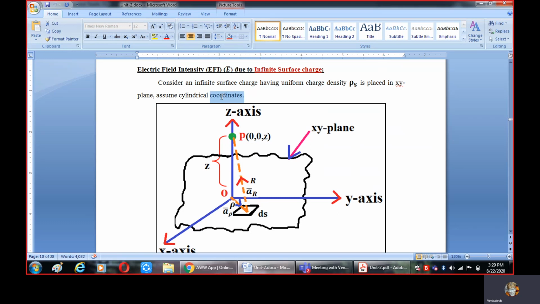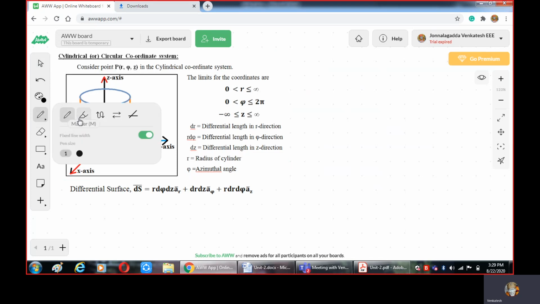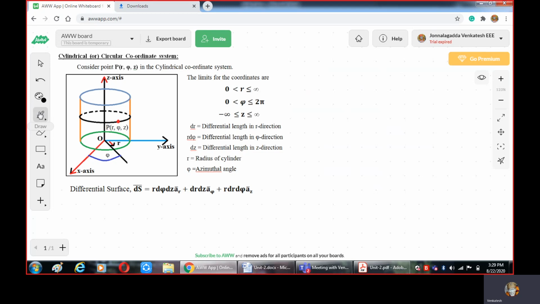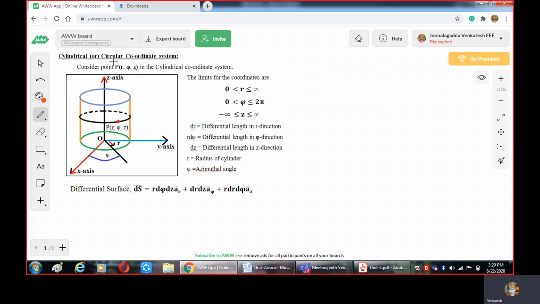Coming to the cylindrical coordinate system, let us recall what we learned. Here in the cylindrical coordinate system, the point is P of r comma phi comma z.